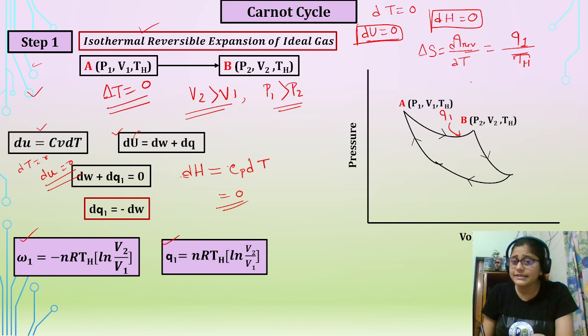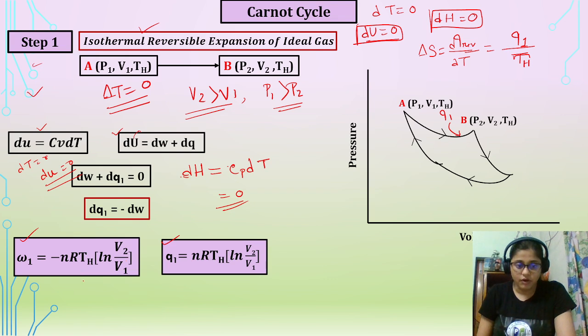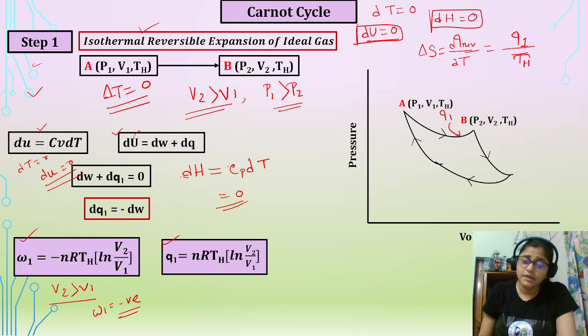And as heat is taken, here if you see, this is expansion, right? So what will be the sign of work and heat, if we want to know? V2 is greater than V1, so the ln part will be positive and here the negative sign is there. So W1 will be negative, work done by the system. Fine. And here this is positive. So overall Q1 is positive.